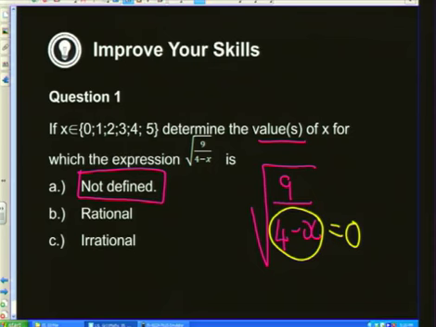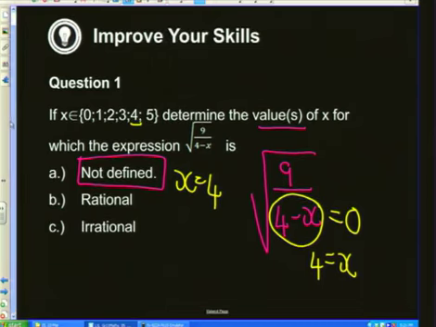The numerator is not going to make it not defined. It means that the 4 equals x. Now, what I need to do is go and see, is 4 in my set? Yes, there it is. So that's fine. I can answer it, x equals 4. Now, remember I said to you, they do this because sometimes there's more than one answer. Well, this one so happens to be the one where there is only one answer.